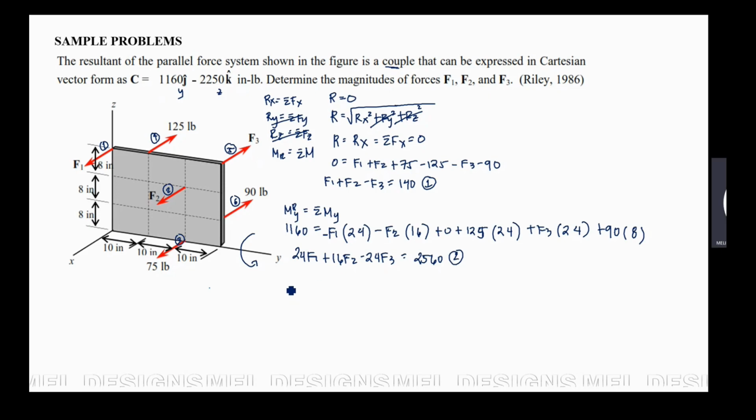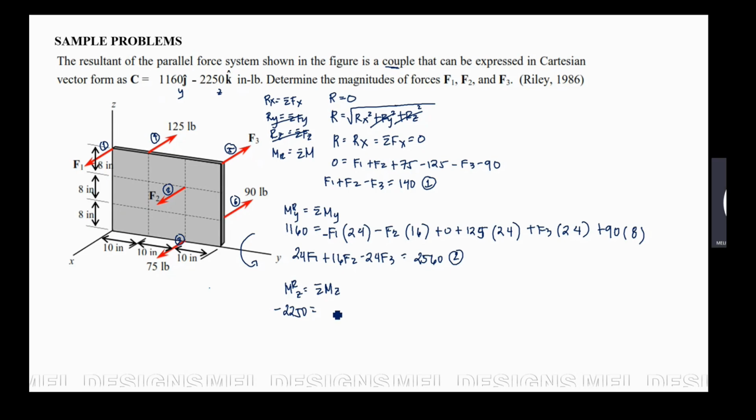And then let's take the summation of, or let's take the moment, resultant moment at the z-axis. It is equal to summation of moment at the z. So we have here negative 250. So negative 250 is equal to, so dito naman tayo magsa-summation of moment ngayon at the z-axis. Yan.